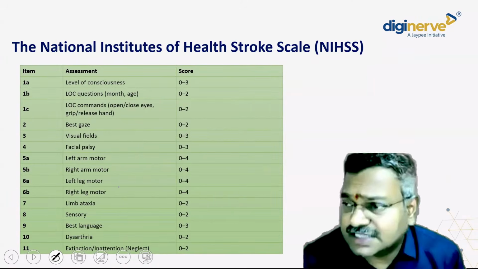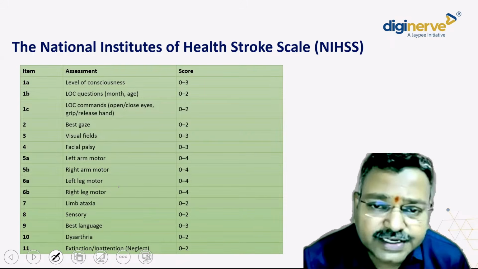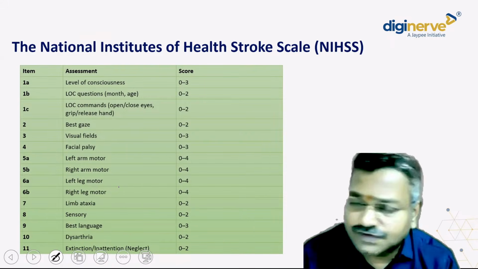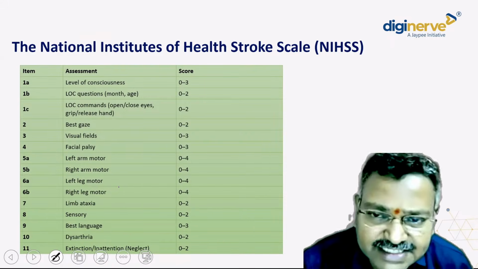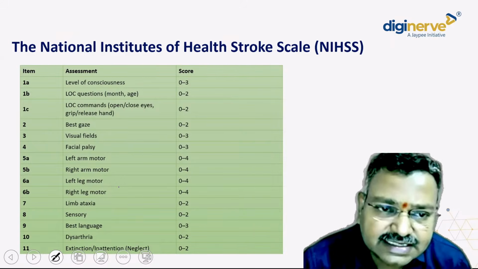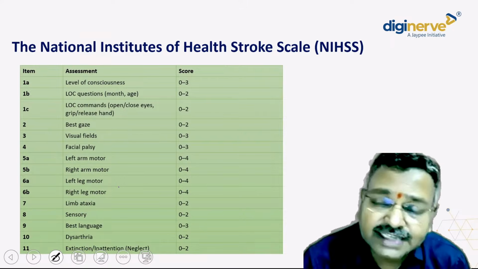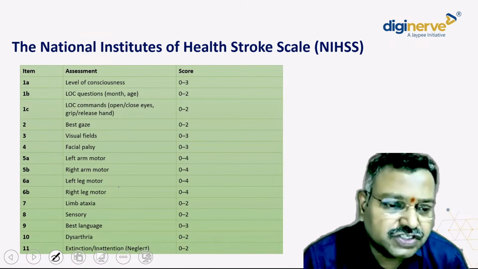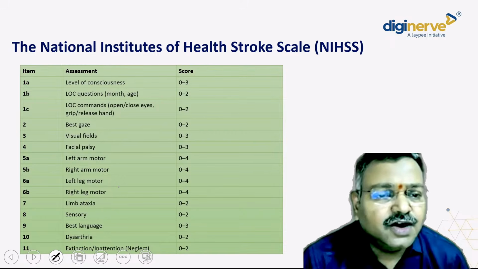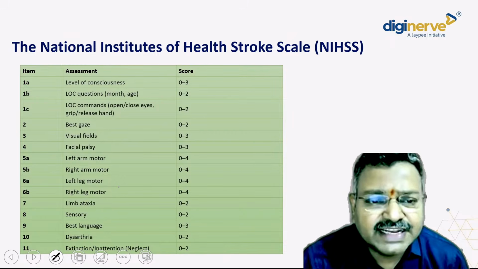Now, certain scales you have to know. The important scales which are asked often are, one, the NIHSS scoring system, the National Institute of Health Stroke Scale. This is how you grade the severity of stroke at presentation. There are 11 items here, with various scoring.